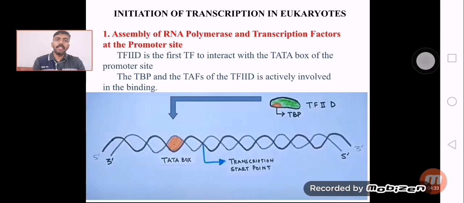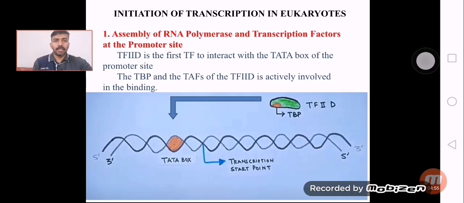In turn, the TFIID consists of, as you know, the TATA binding protein and the TATA binding protein associated factors, TAFs. With the help of the TBP, the TATA binding protein, this protein complex will go and bind to the TATA box.